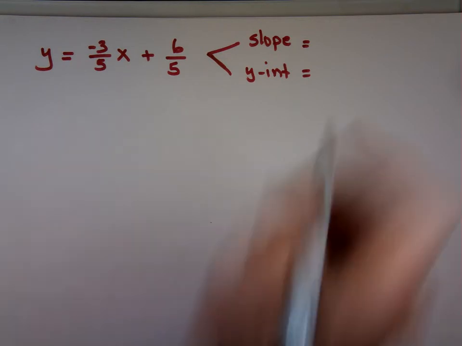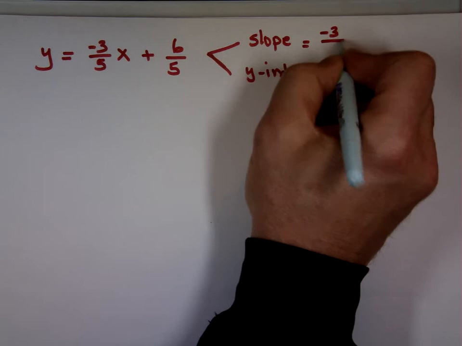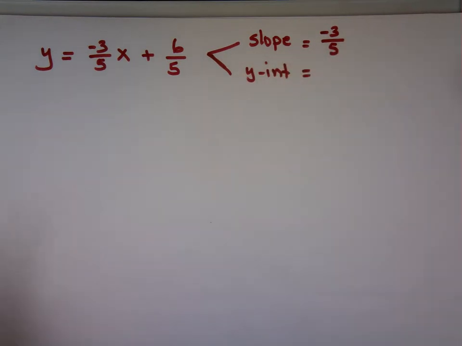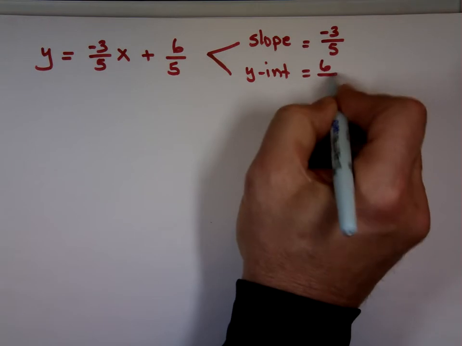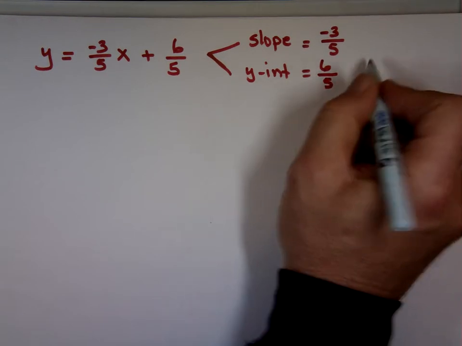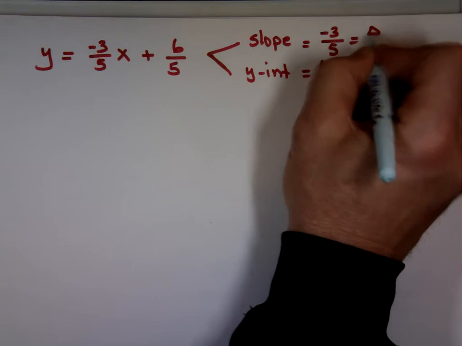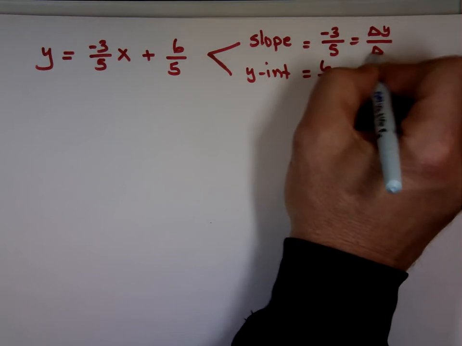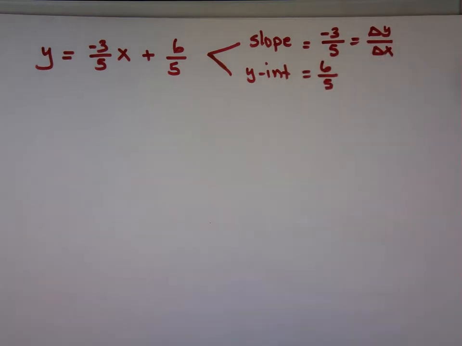Yep, negative 3 over 5. And what's the y-intercept? 6 over 5. So this is the change in y over the change in x. Now I can see that better if I use graph paper. Let's graph it.